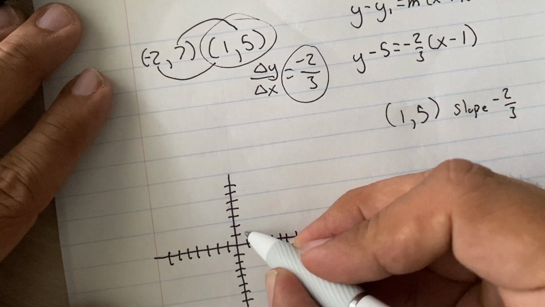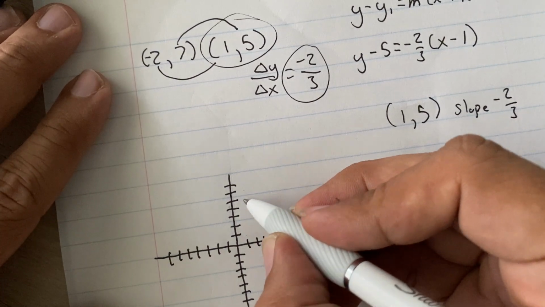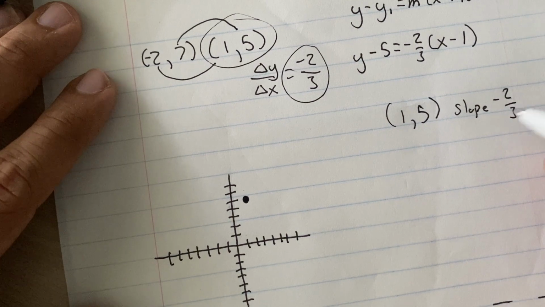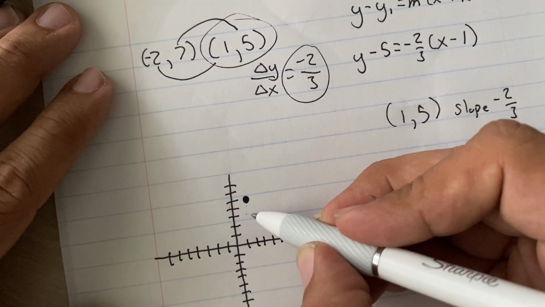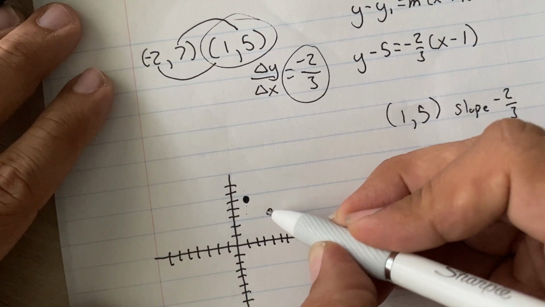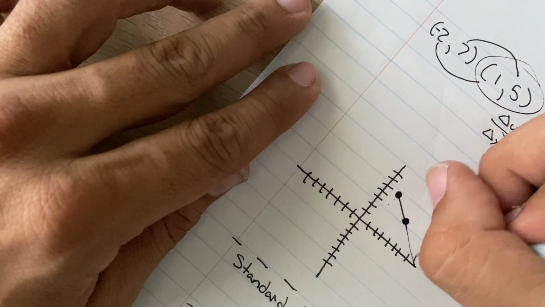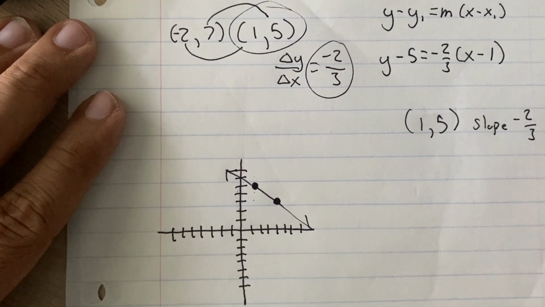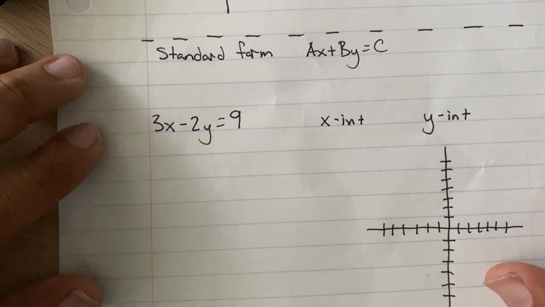Okay, so 1, and then 1, 2, 3, 4, 5. There's our first dot. Then negative 2 over 3. Negative 2 is 1, 2 down, and 3 to the right. 1, 2, 3. And there we go. It's been graphed.